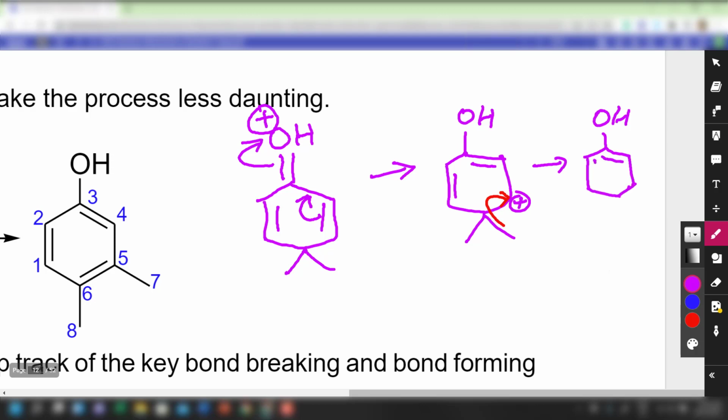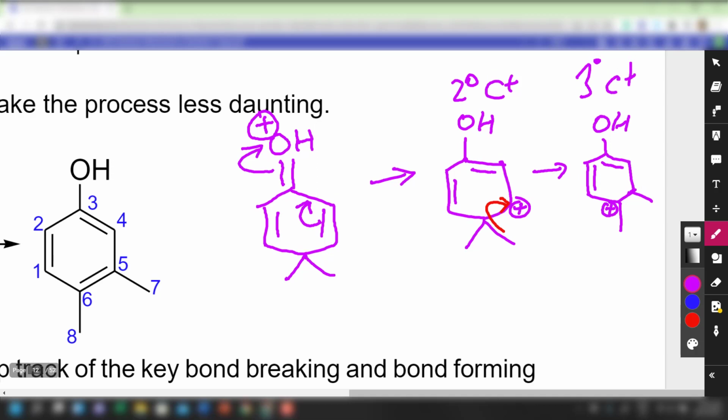You might be wondering why a methyl shift happens here. Because in this case, I am generating a more stable carbocation, from a secondary carbocation to a tertiary carbocation.